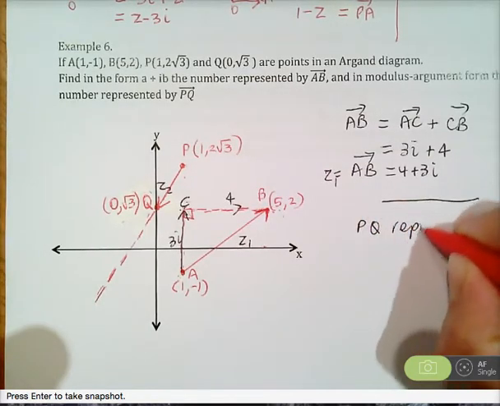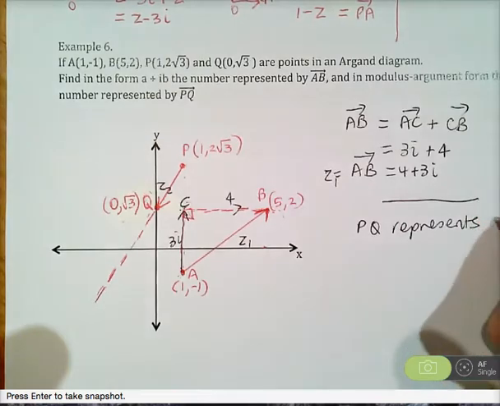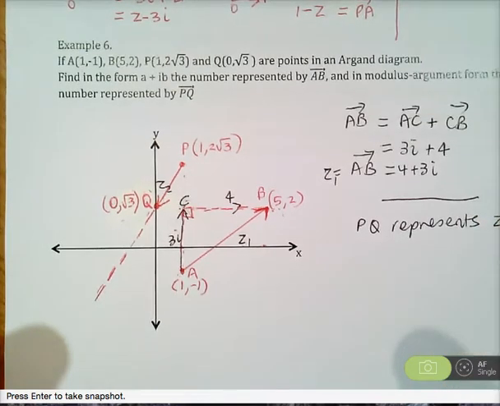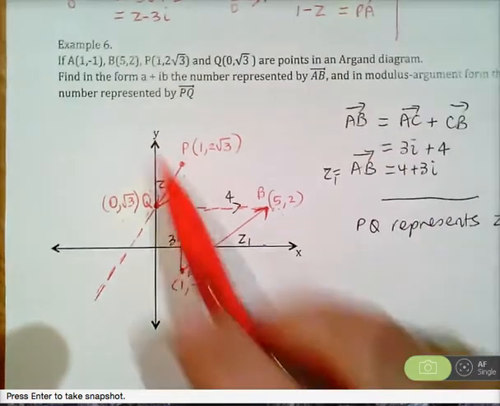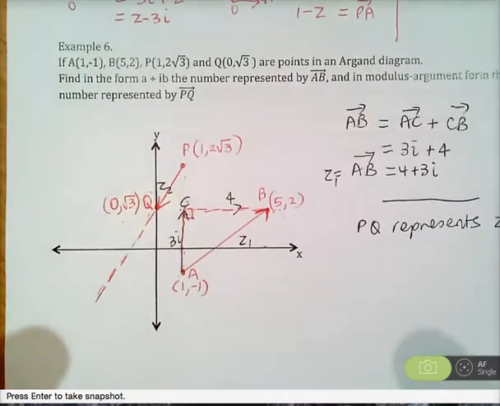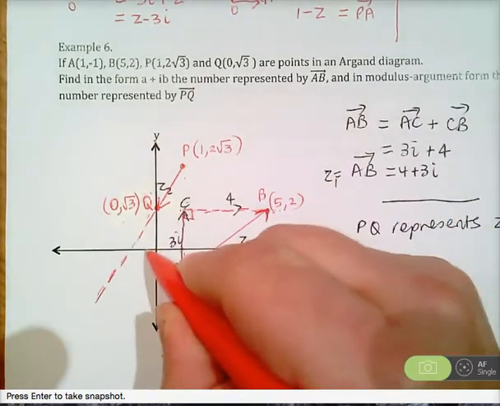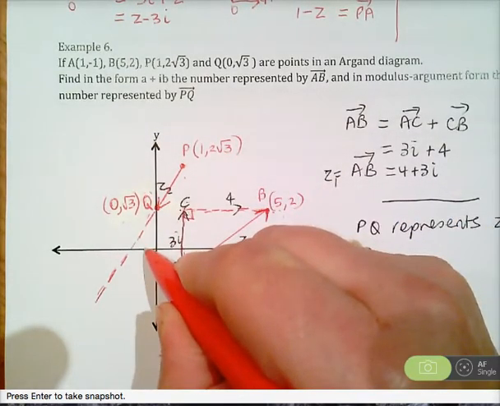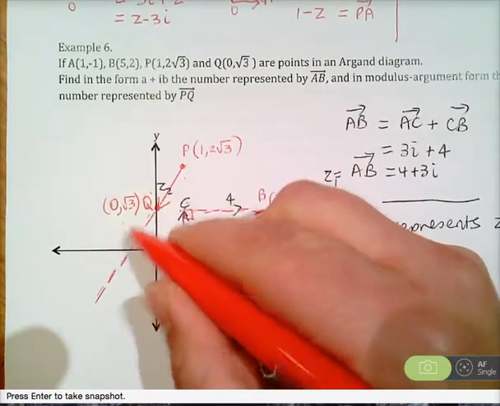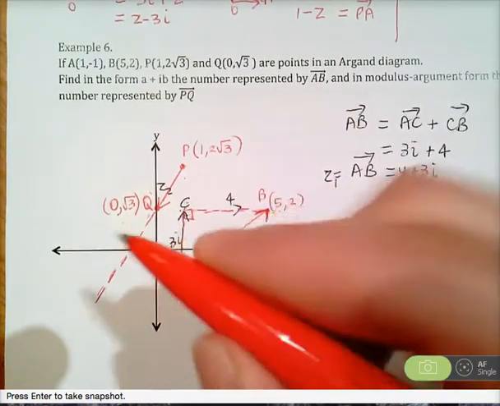Now, we want to do this in modulus argument form. So we're going to need the modulus of PQ, and we're going to need the argument of PQ. Now, we really need to be finding the gradient of PQ, okay?